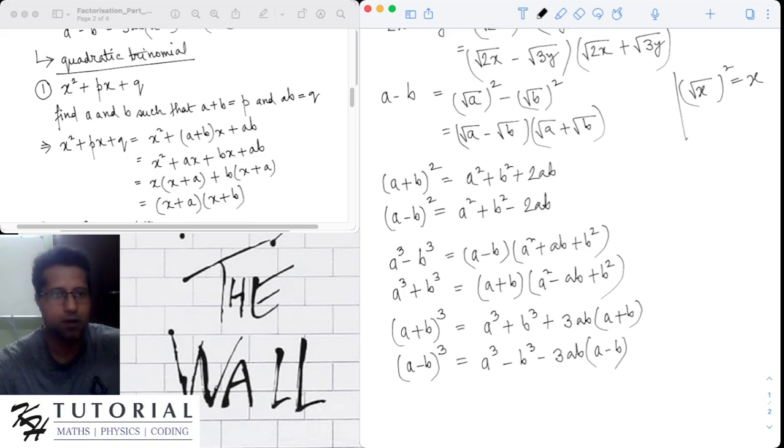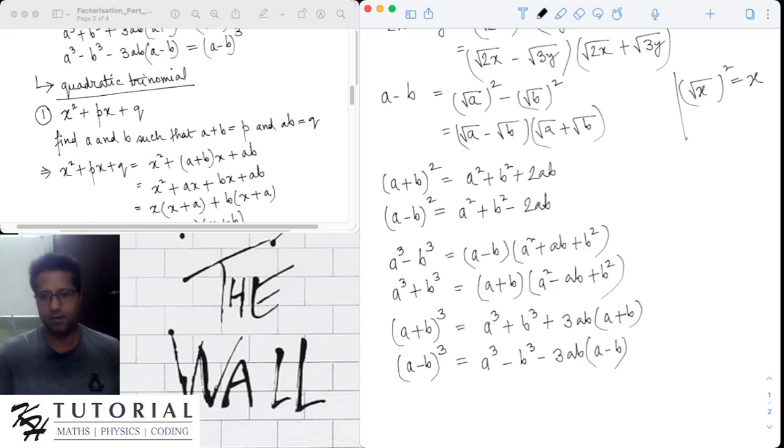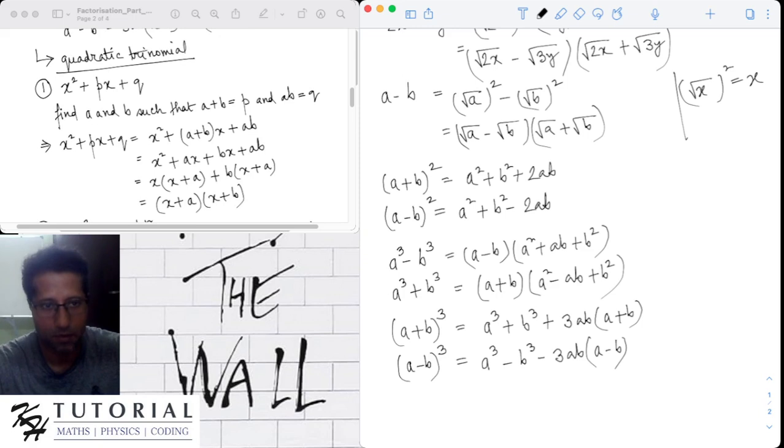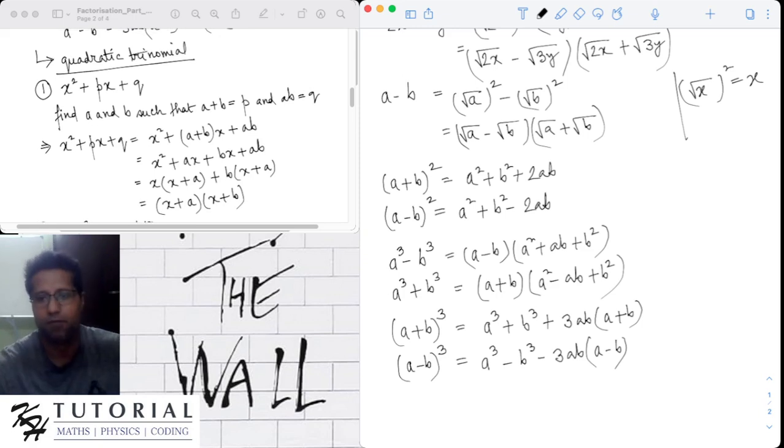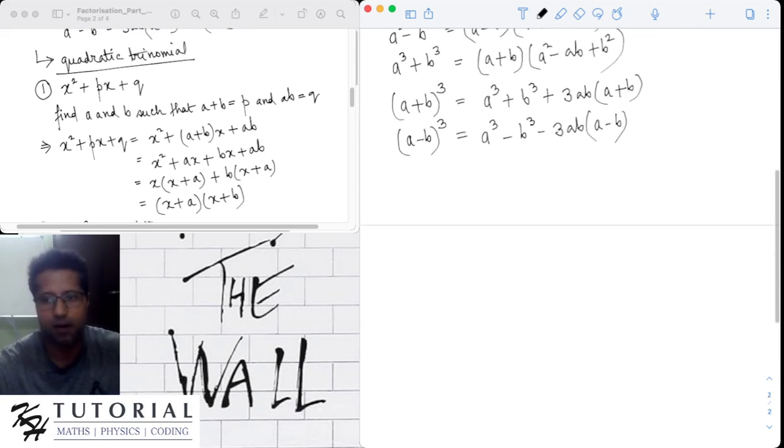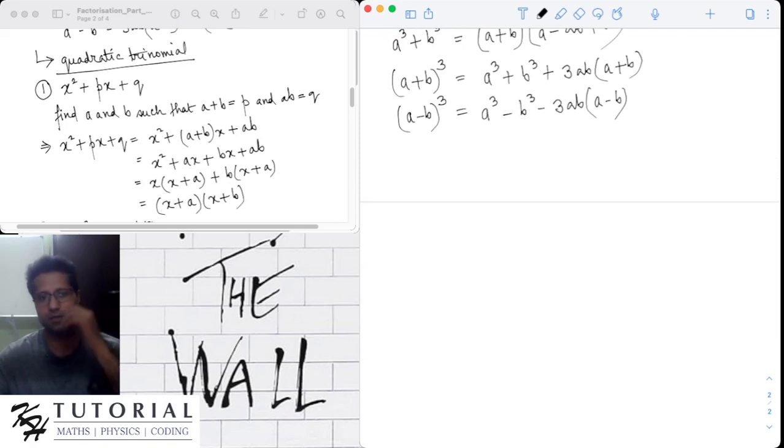Now comes the quadratic trinomial, which is very, very important. What is a trinomial? A trinomial means a polynomial having three terms. And quadratic means the degree of the polynomial is 2.